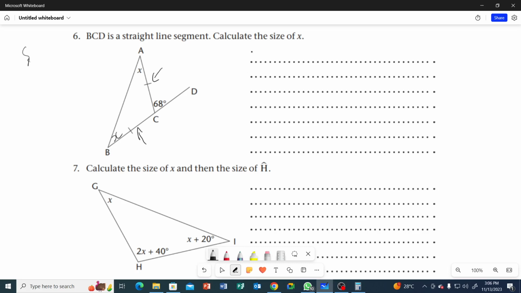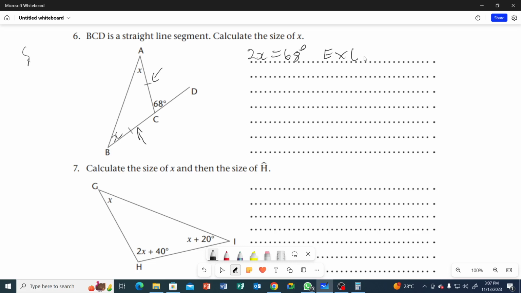Now, 2x is equal to 68 degrees. What is the reason? It is exterior angle of a triangle.